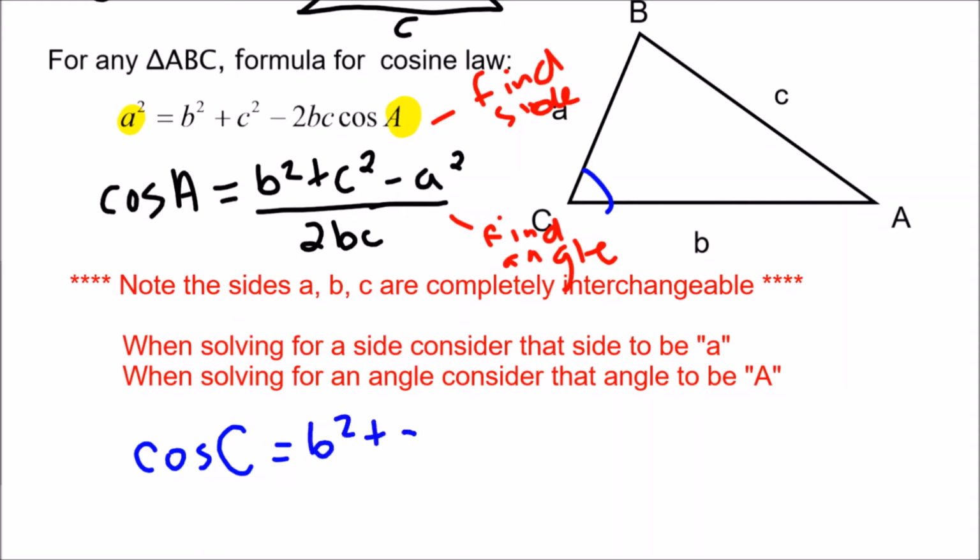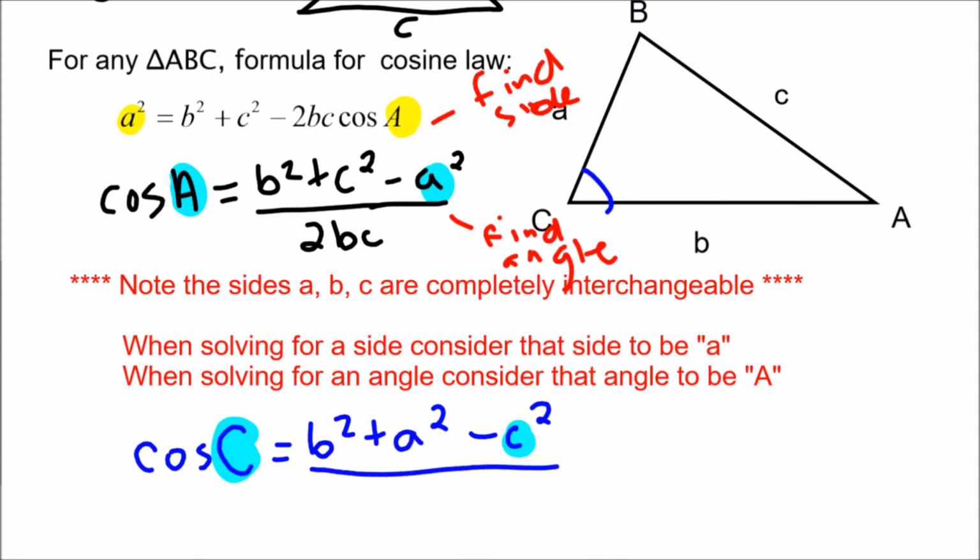B squared plus A squared, right? These first two numbers are the two sides that aren't related. The side that's subtracted is related to the angle, right? Before it was A squared, solving for angle A. If I'm solving for angle C, I'm going to make sure that I'm subtracting C squared.